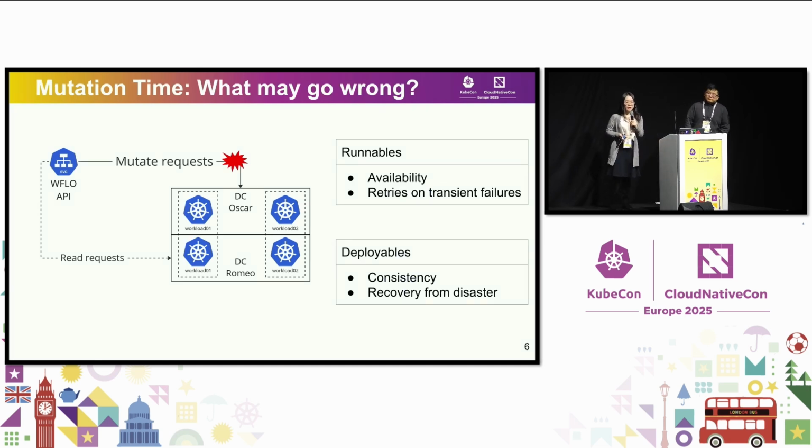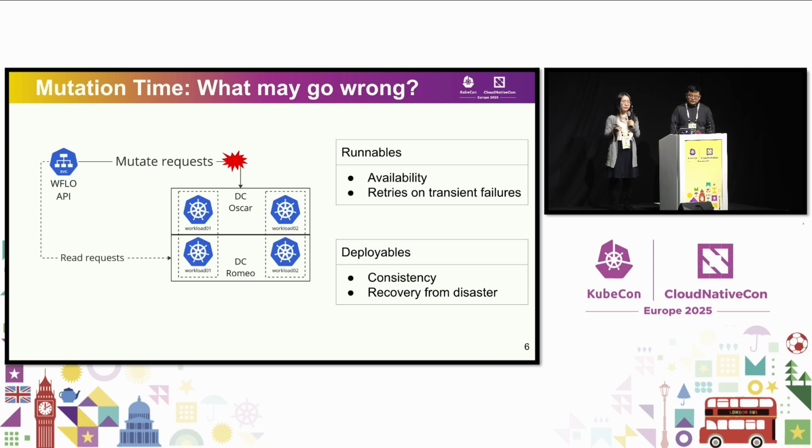So, then we can look at what exactly can go wrong for each of the resource types. For runnables, when our API submits to a cluster, it needs to consider which cluster is more available or more suitable for this workload. Also, it may need to handle slightly more complicated logic like retries if the error seems transient.